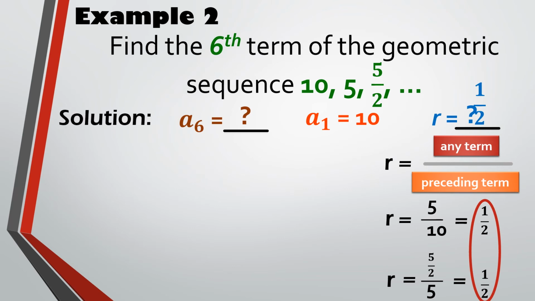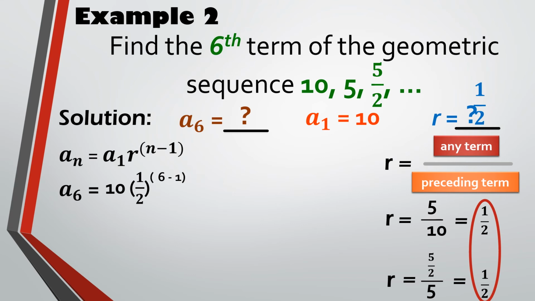Now, we can solve for the value of a sub 6, or the sixth term, using the formula again and substitute the values. So a sub 6 is equal to a sub 1, which is 10, times the common ratio 1/2. But the common ratio is raised to an exponent, which is n, which is 6, minus 1.